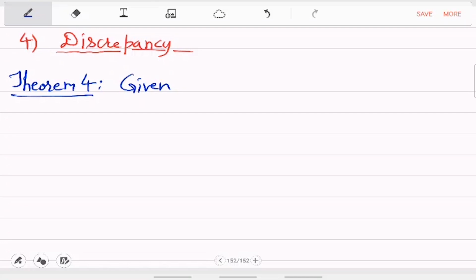Suppose you are given n unit vectors Vi, and these are in the ambient space R^n as well.